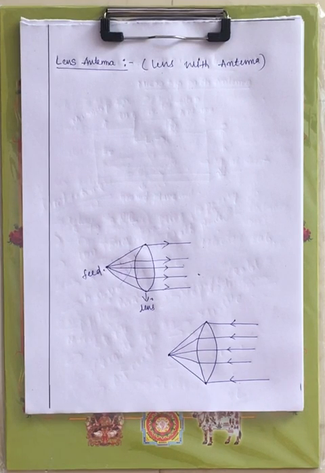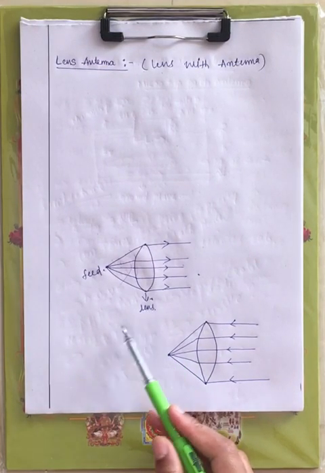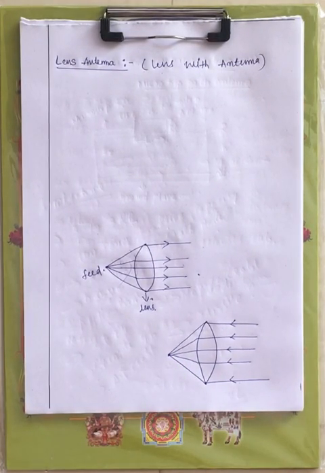This type of antenna is typically thicker, heavier and more difficult to construct. This is the main disadvantage of the lens antenna, because of its thickness and heaviness, and also it is more difficult to construct.